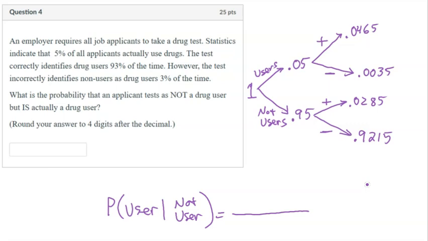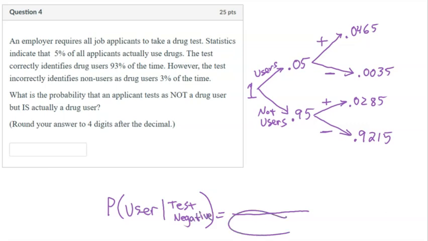Sorry, I meant to say test negative. Let me fix this and redo it. What's the probability that they're a user given that they test negative?